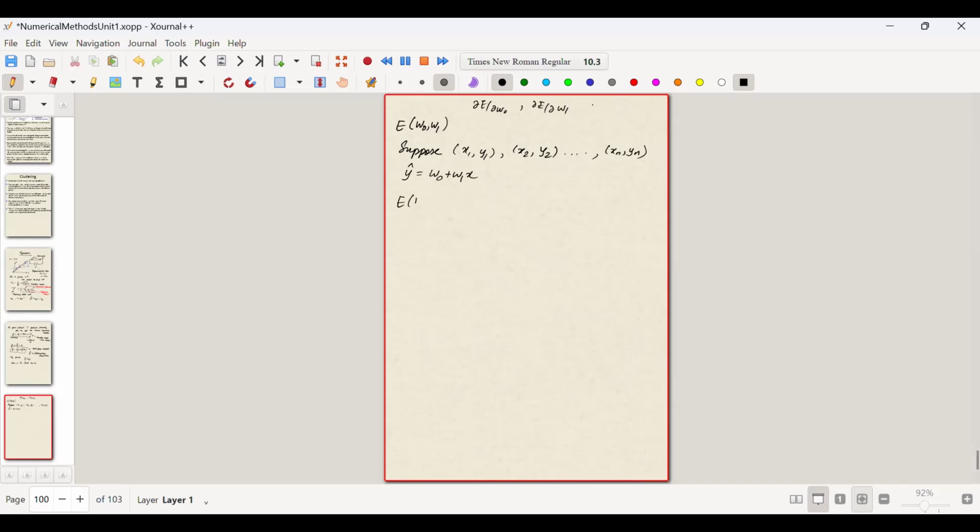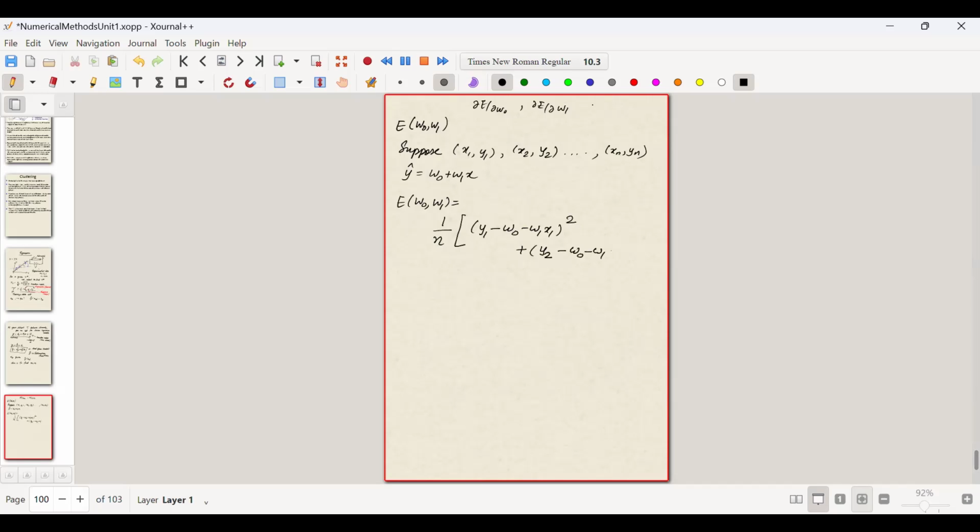So this is how I am defining the error with respect to W0 and W1, meaning the error depends on the W0 and W1 coefficients. How will I write it? Visualize this, why I am doing this. Can you tell the next one?